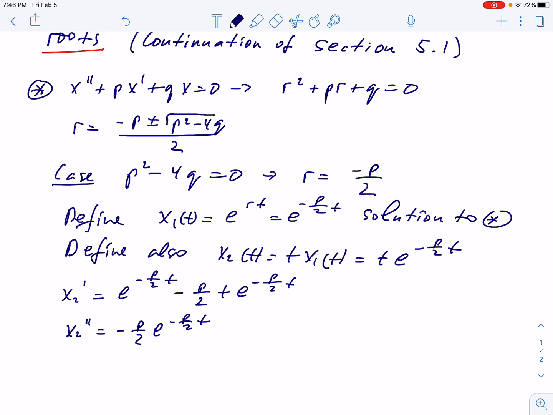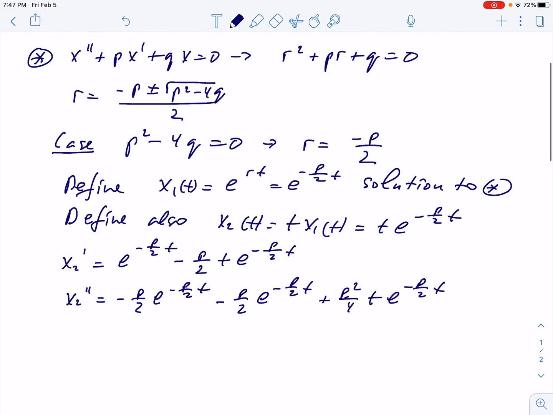This is differentiating the first term, then minus p over 2, again exponential minus p over 2t. Differentiating t, we get 1. And then differentiating the exponential here, negative p over 2 will come and make it plus p squared over 4 t exponential minus p over 2t.